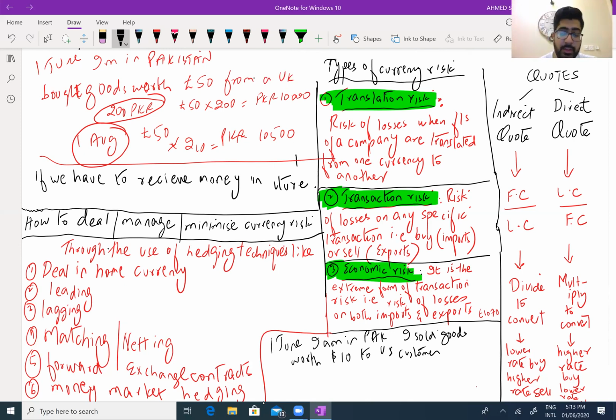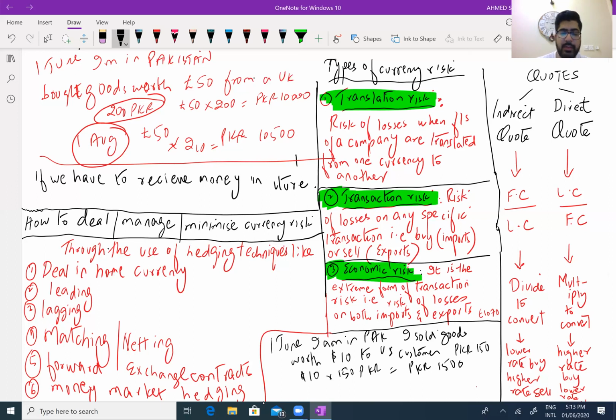Okay. I checked the rates. The US dollar rate was Pakistani rupees 150. So I thought, okay, I've sold goods worth $10 and the rate is 150 PKR. I'm going to get 1,500 Pakistani rupees.